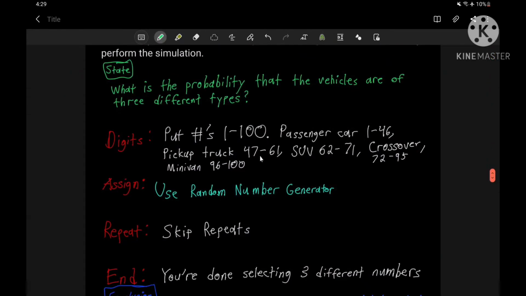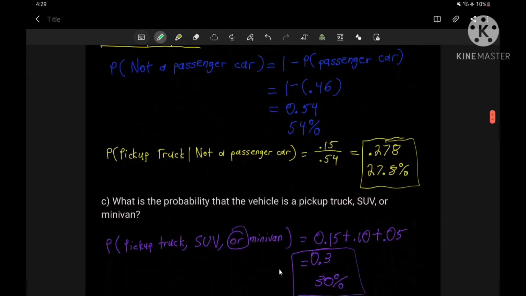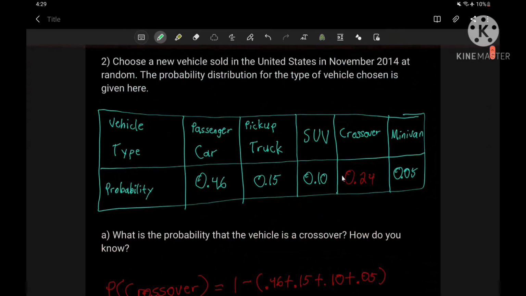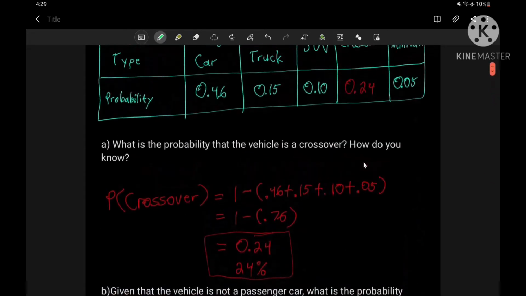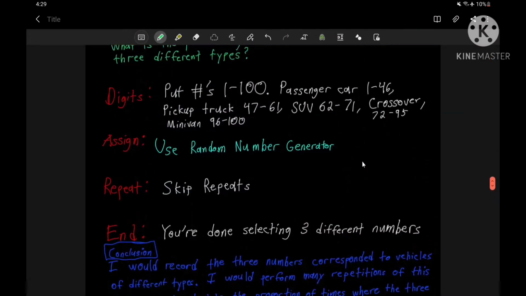Then another 15 numbers, 47 through 61 for pickup trucks because of this. Then adding up 10 more numbers, 62 through 71 is for the SUV right here. Crossover, you add up 24 more numbers, 72 through 95. And finally, minivan, 5 more numbers, 96 through 100.